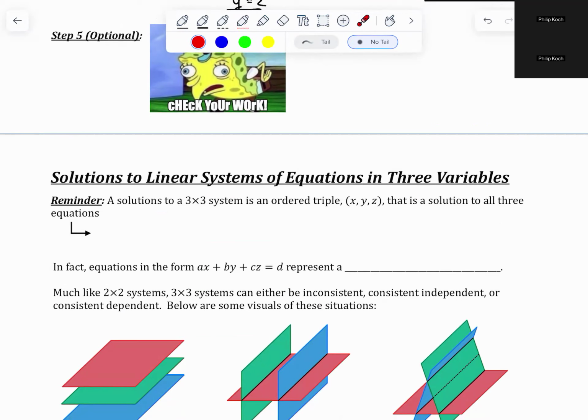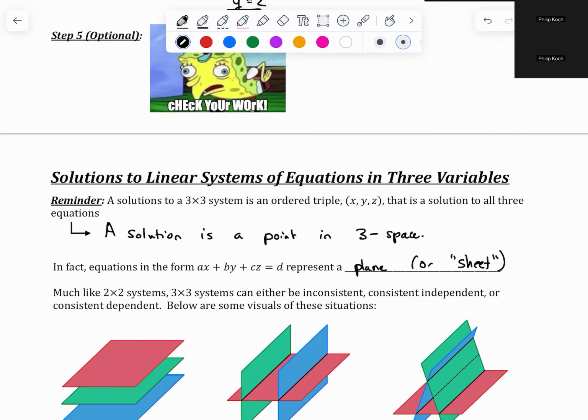It's 3-dimensional. And so, in fact, every linear equation in 3 variables represents a plane or a sheet. Most people call it a plane, not like an airplane, but a plane. It's just a flat piece of paper.